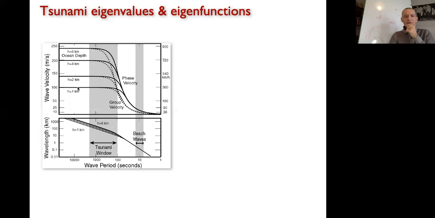Okay, here you see the plots of the previous expressions for different ocean heights. When you go to very long period, look here, you have flat lines, no dispersion. Now, long period, what does it mean? That wavelength is very, very large.